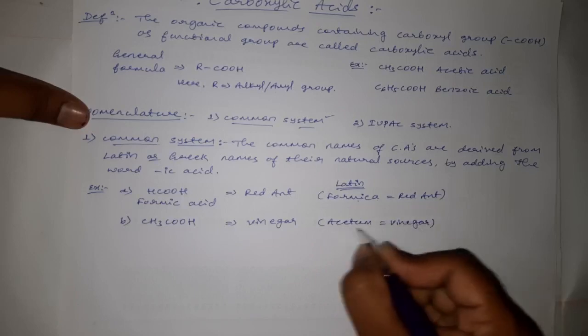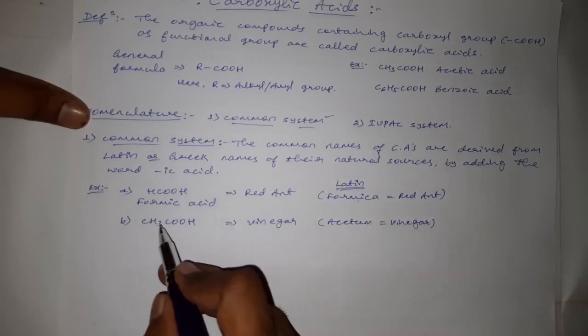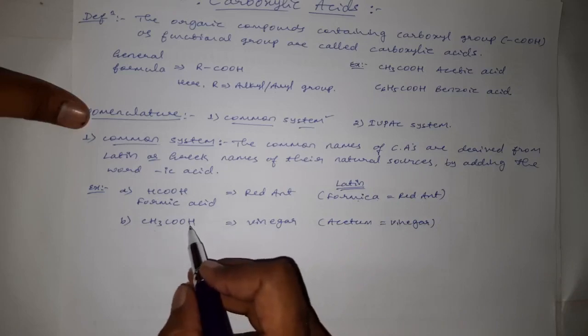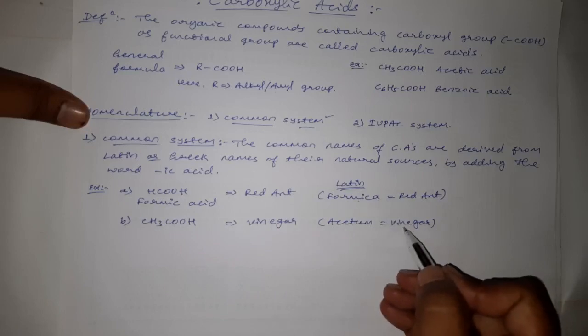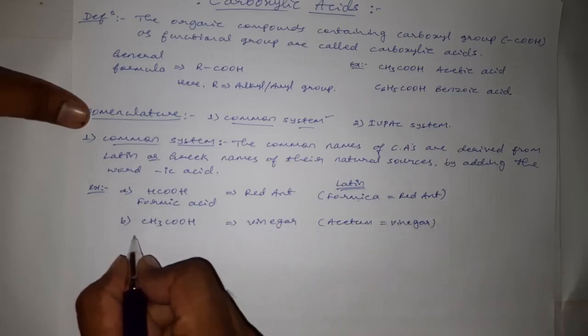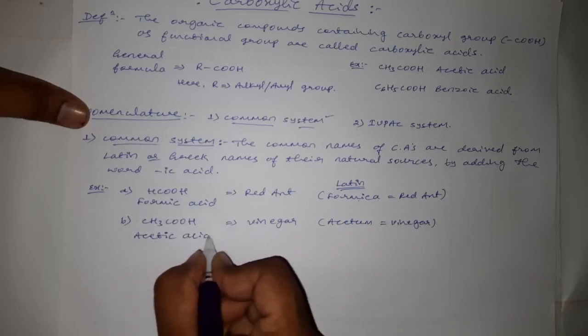Vinegar. Therefore, the common name for this one can be derived from the Latin word acetum of its natural source, that is vinegar, by adding IC acid. Therefore, its common name is acetic acid.